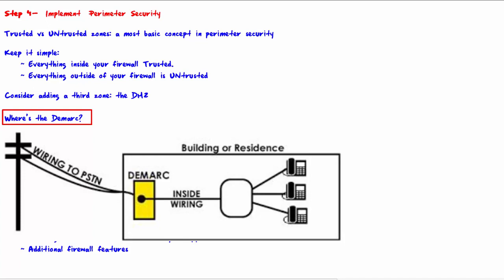The exact connection point is called the DMARC. That is, everything inside of the DMARC is owned by and controlled by you. Anything outside of the DMARC is owned by and controlled by the ISP. The DMARC is important because it specifically defines who is responsible for what.